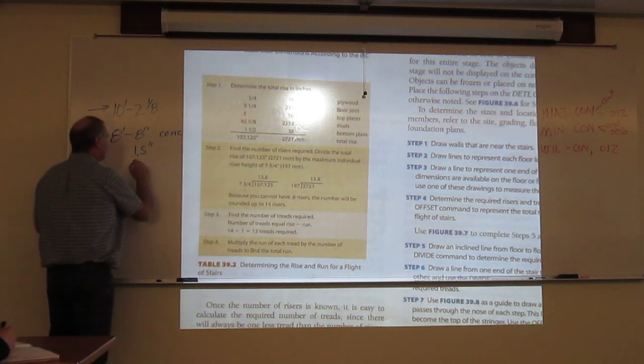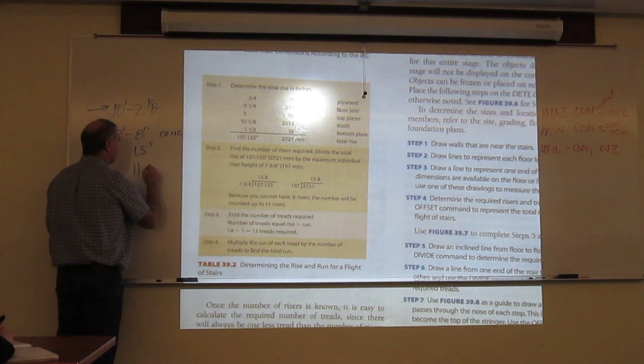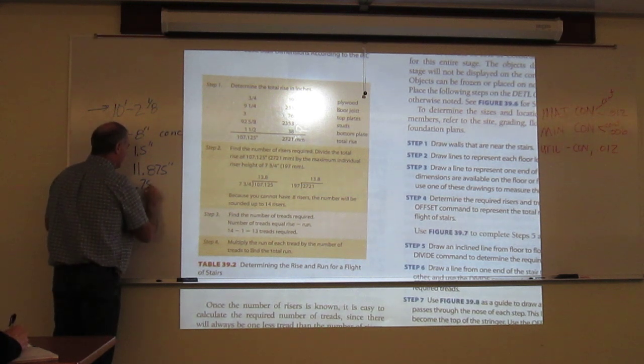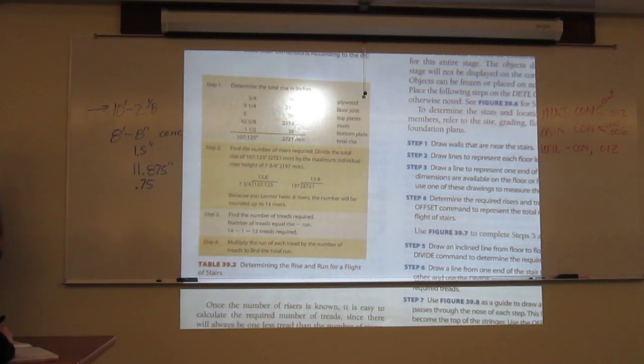Then we have 11 7/8 for a floor joist. Then we have 3/4 for our OSB. Okay, so let's add that up.